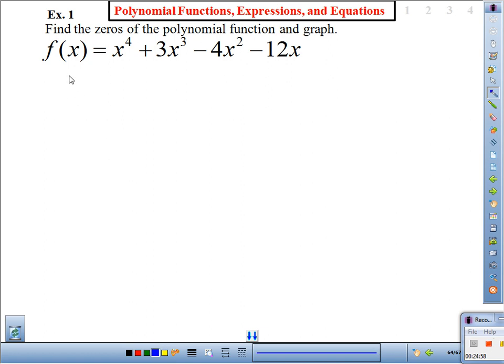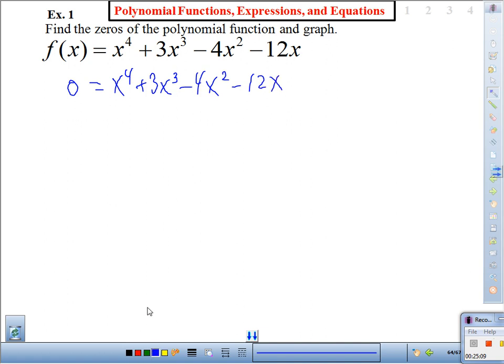Step 1: set it equal to 0. x to the fourth plus 3x cubed minus 4x squared minus 12x. At this point, look up really quick. Your noodle might want to do what? Since it's a big polynomial, it might want to do synthetic division. But what do we need for synthetic division? A constant. We don't have a constant. Therefore, what is the next step?